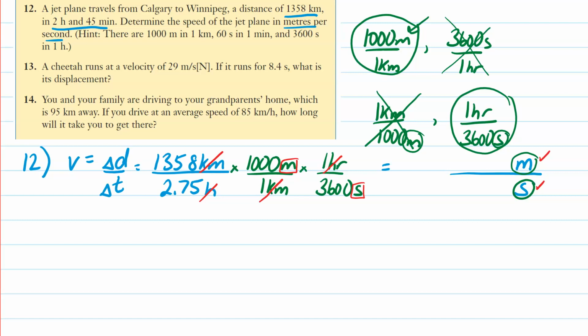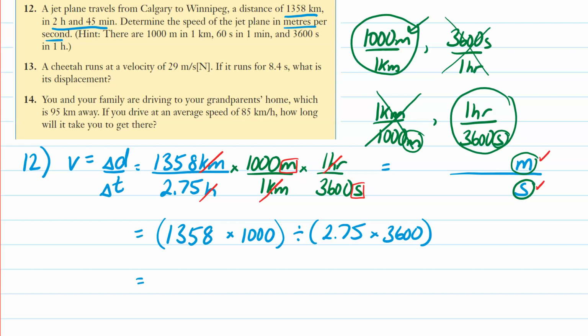What exactly are we plugging into our calculator? In your calculator, you're taking the 1358 multiplying by 1,000, and then you divide that by 2.75 multiplied by 3,600.